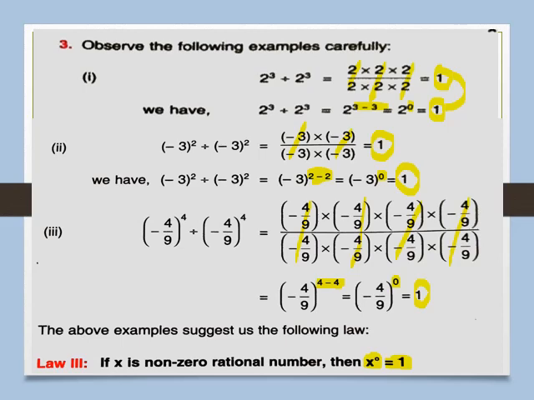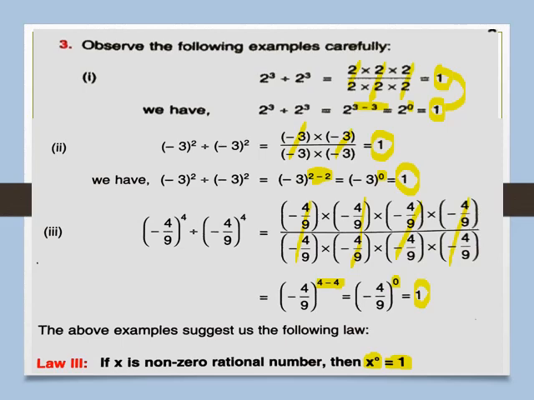Now see the example: 2 raised to 3 divided by 2 raised to 3. Here the denominator gets cancelled with the numerator because the power is the same. So what is the answer? Its answer is 1.